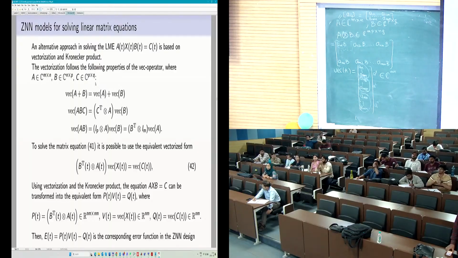Here are stated the main properties of vectorization.